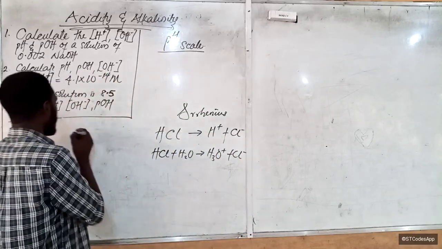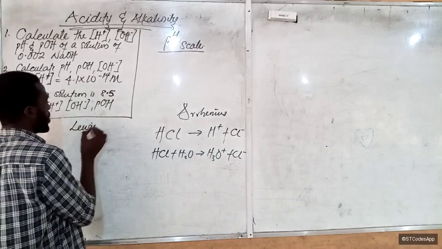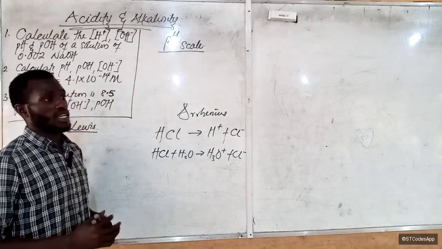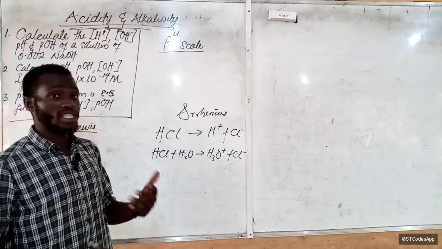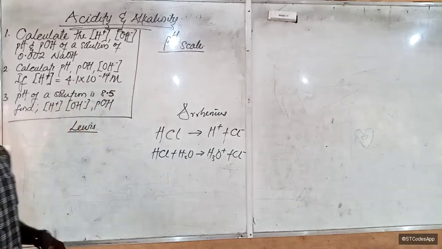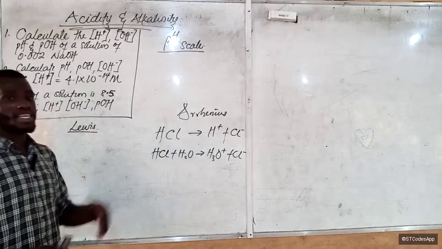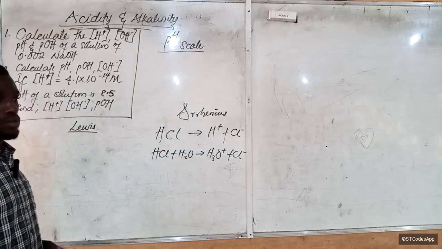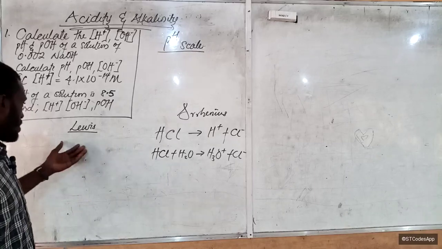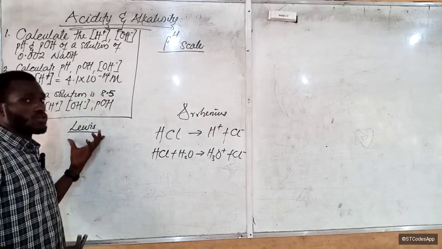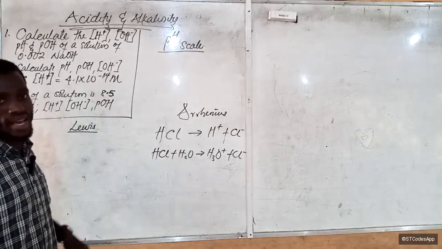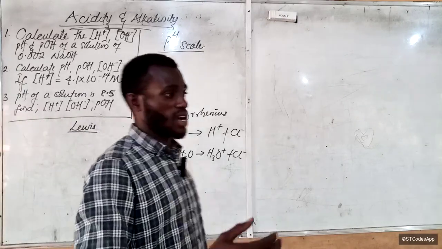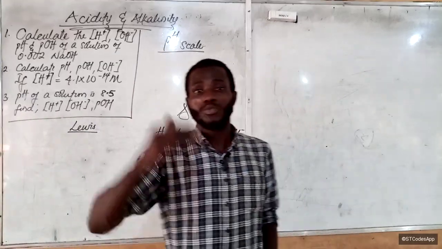We also discussed acid as defined by Lewis. So a Lewis acid was defined as any electrophilic compound that can accept an electron pair to form a dative bond or coordinate covalent bond. So that is the definition according to Lewis, an electron pair acceptor. Then Bronsted-Lowry defined an acid as a proton donor.